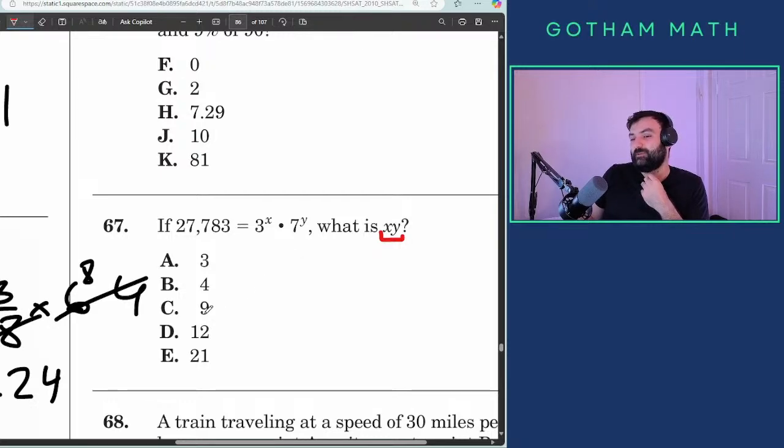9 maybe, but 9 is like 3 times 3 only. 9 is easily checkable. What is it? 7 times 7 times 7? No, it's not going to be 9. And it's not going to be 9 times 1, I think.